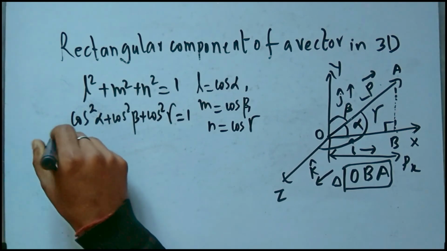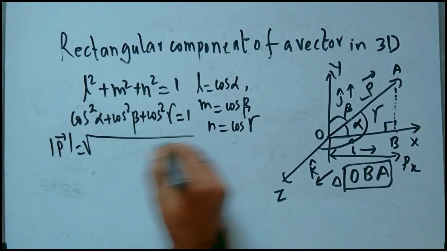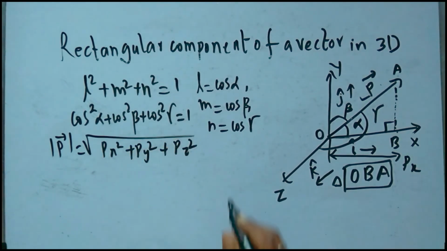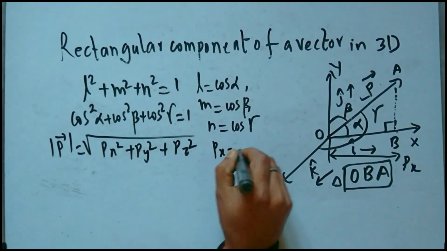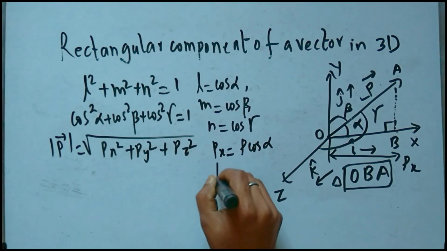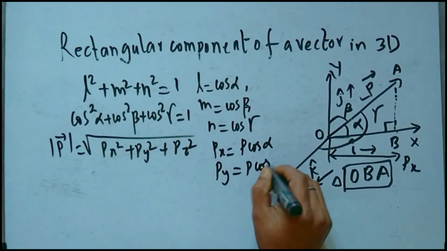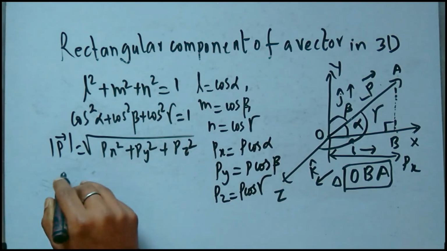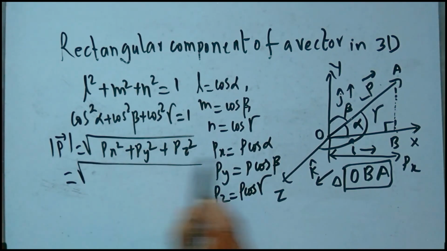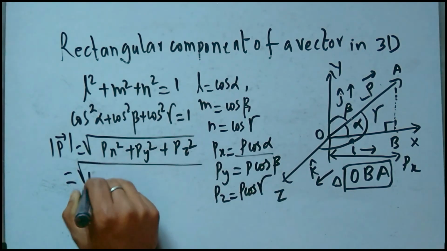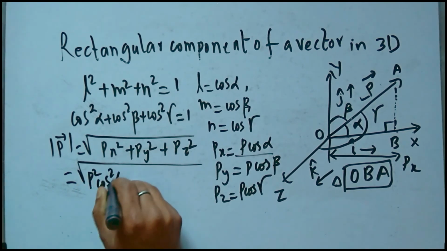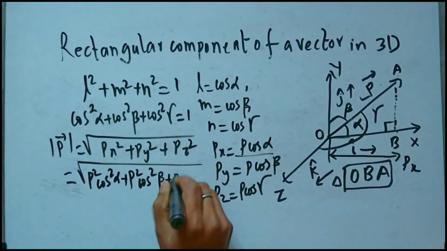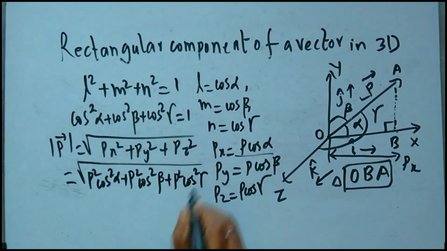As we know, magnitude of vector is equal to root under Px square plus Py square plus Pz square, and we have already calculated Px is equal to P cos alpha, Py is equal to P cos beta and Pz is equal to P cos gamma. So in this, it becomes P square cos square alpha plus P square cos square beta plus P square cos square gamma.